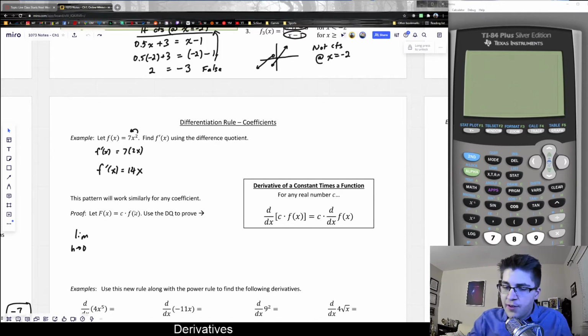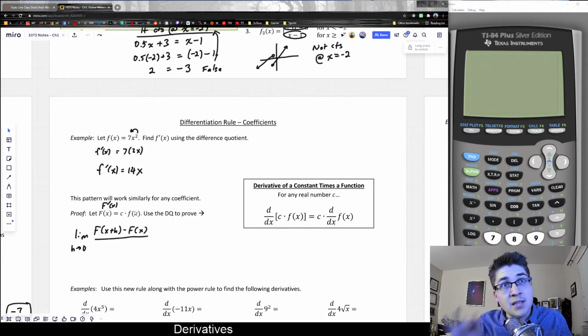Now, if we wanted to find the derivative of F of x, we'll call that capital F prime, we would need to find the limit as h approaches 0 of capital F of x plus h minus capital F of x, divided by h.